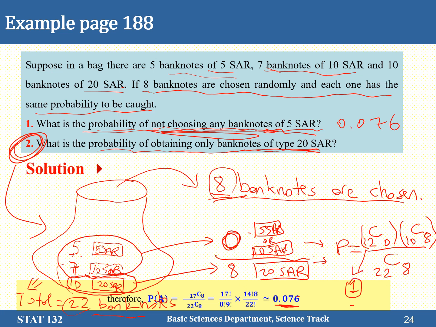And so we can write the answer here: 10 choose 8 divided by 22 choose 8, which is equal to 0.0001.